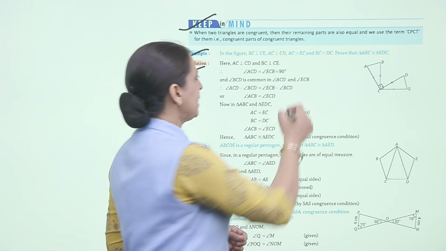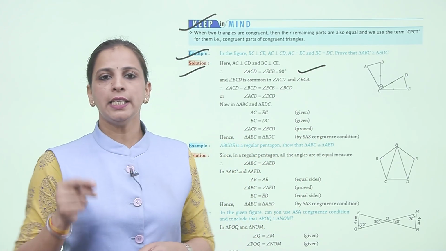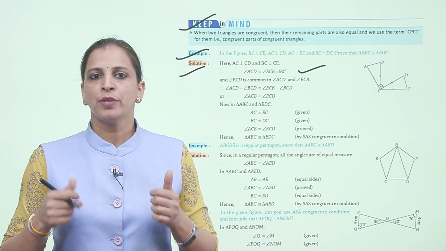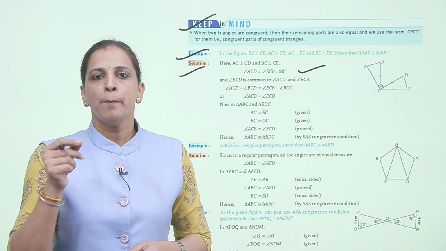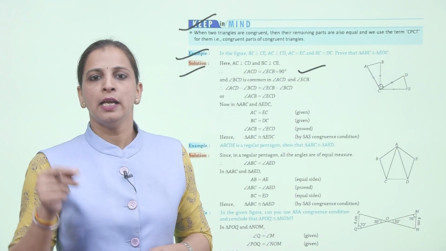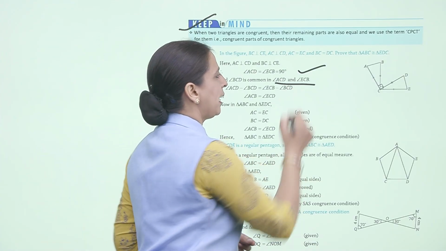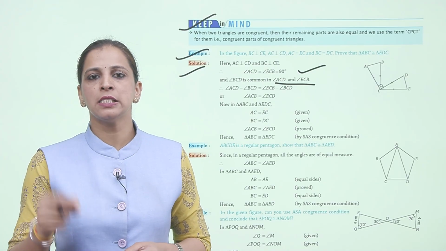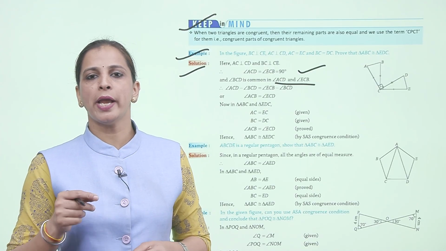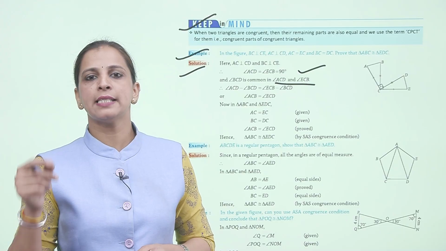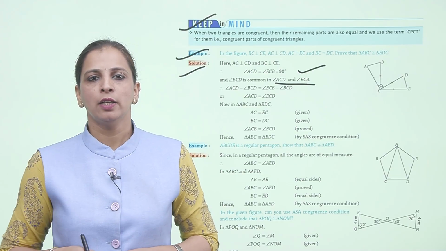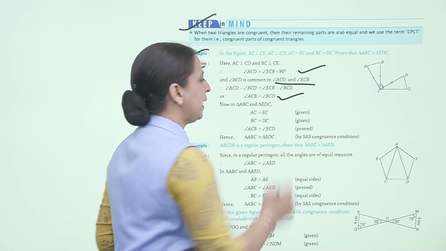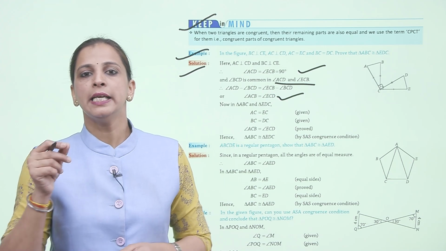So angle ACD and angle ECB are equal to 90 degrees and angle BCD is common in angle ACD and angle ECB. So angle ACD minus angle BCD is equal to angle ECB minus angle BCD, or you can say angle ACB is equal to angle ECD.